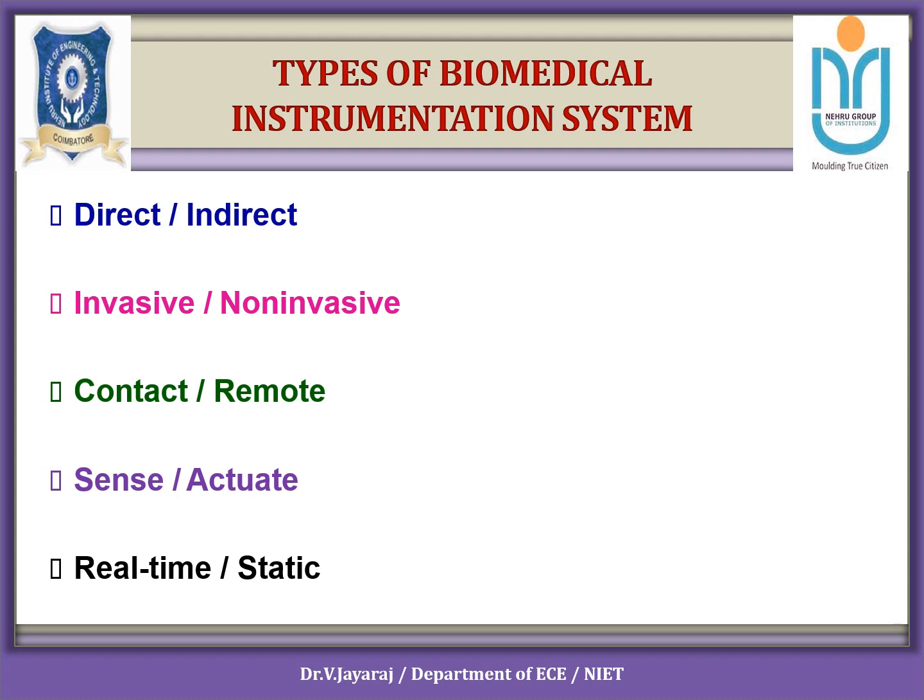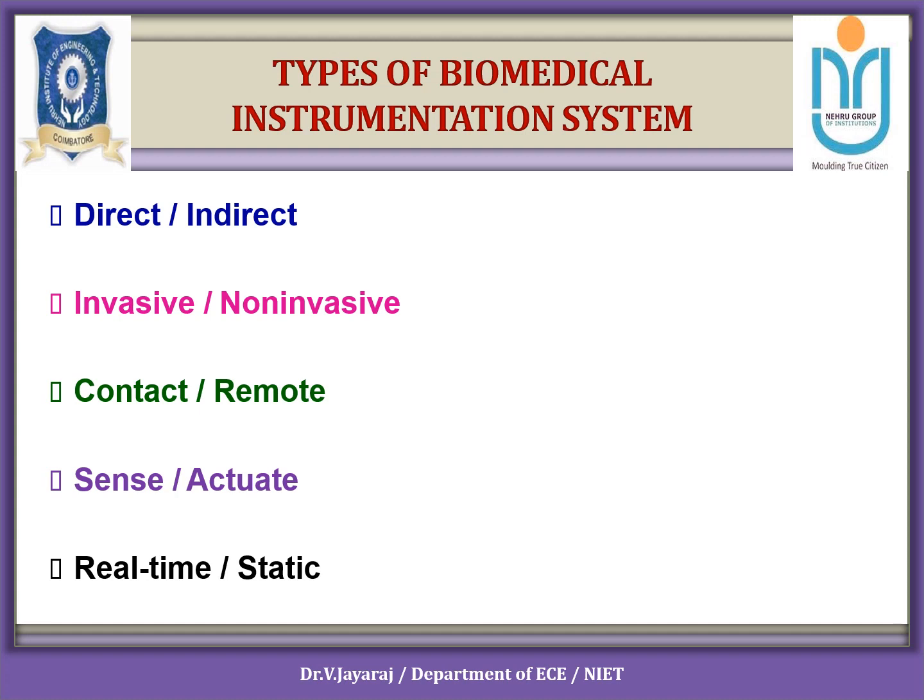So these are instruments classified based on the harmfulness of the device. The third category is contact and remote. Contact devices are those which exactly touch our human body. Remote means through an indirect way.